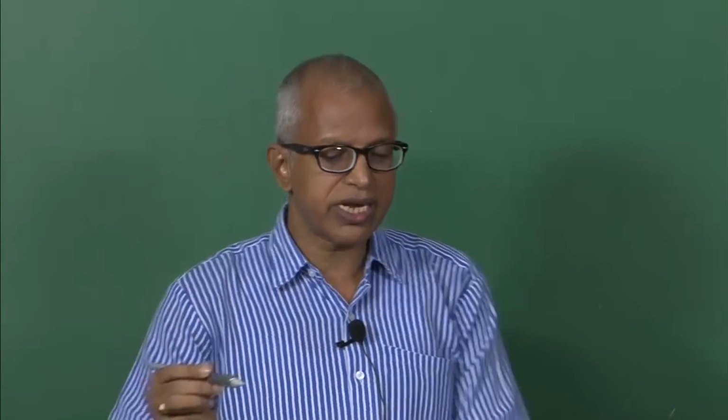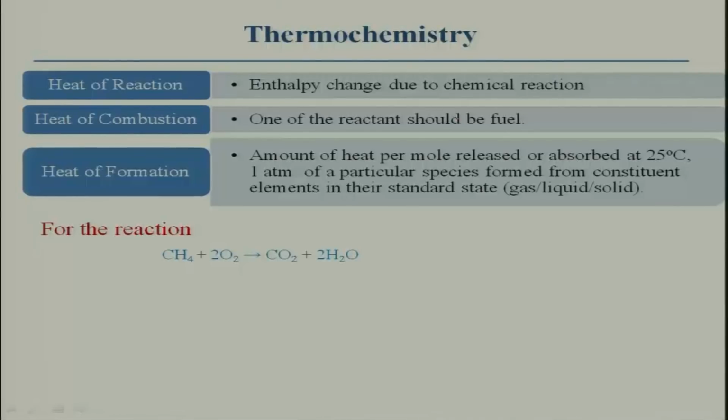So, for this reaction 1 mole of methane is reacting with 2 moles of oxidizer, or rather oxygen, giving products of 1 mole of carbon dioxide and 2 moles of water.